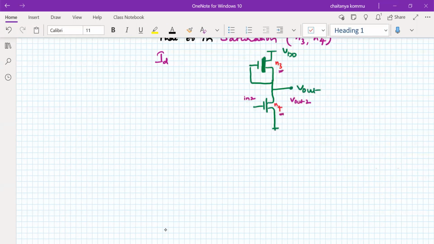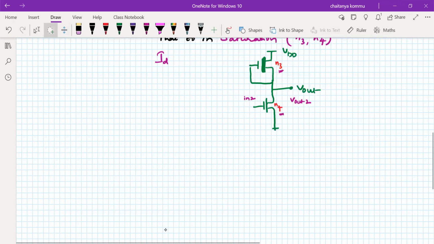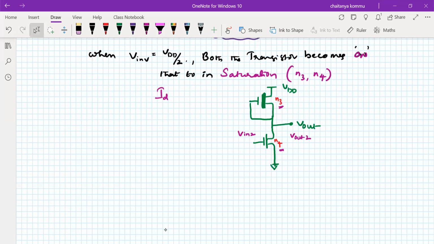See here. So here is a ground, this is VDD, and this is called VOUT2. Okay. Fine. So the current we are talking about here is IDSD, for example, the depletion mode current. What is the current here? We can call it IDSE, the enhancement current, right?